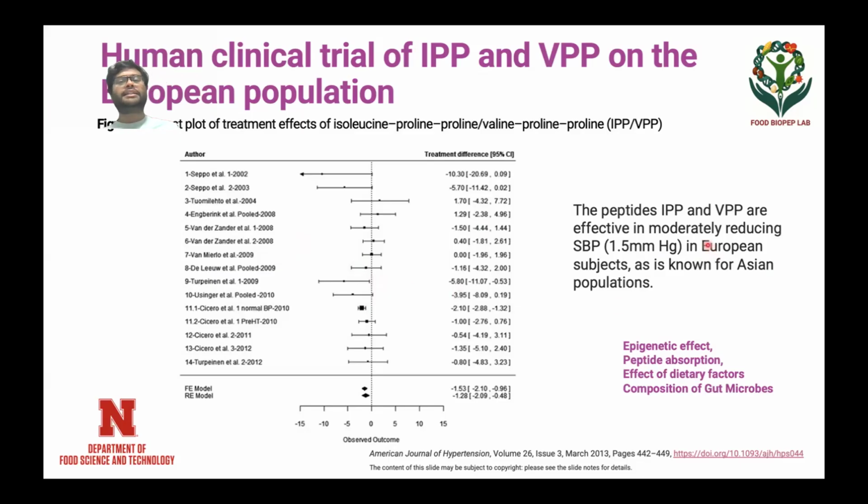You can see the peptides can effectively reduce the blood pressure, a moderate reduction of 1.5 millimeters of mercury in the European subjects, whereas in the Asian subjects the effect is more pronounced. That's maybe because of epigenetic effects, the absorption efficacy of these peptides in different populations, and the effects of other dietary factors. People talk about differences in gut microbiome and the different foods that the Japanese or European populations primarily eat. That may hinder the absorption or the biological activity of this peptide.